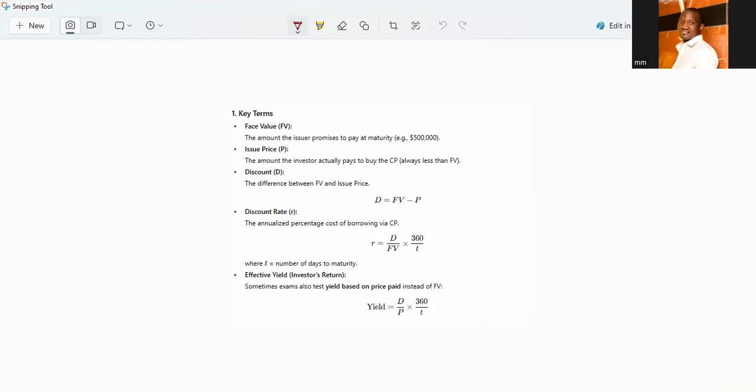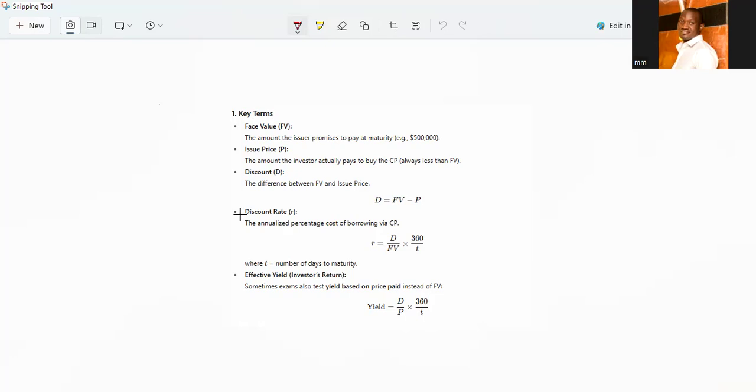All right, so we get back to our questions. We've answered one question so far, the question to do with the commercial paper. These questions have just been compiled from your textbook, and I'll also relate to the previous exam paper.